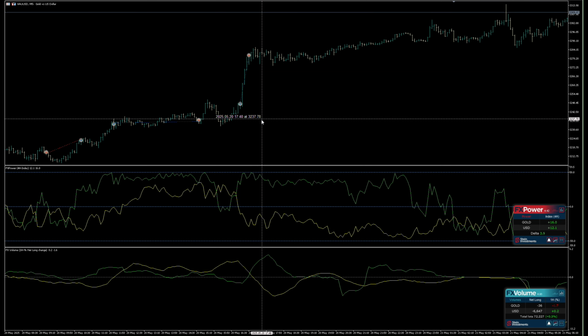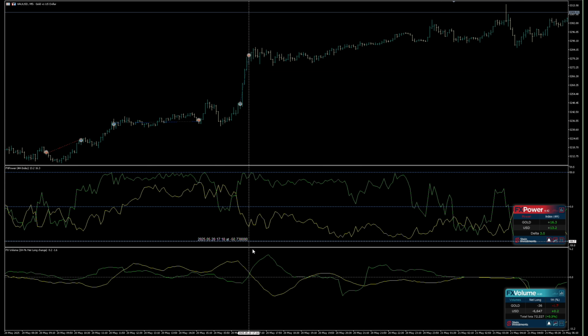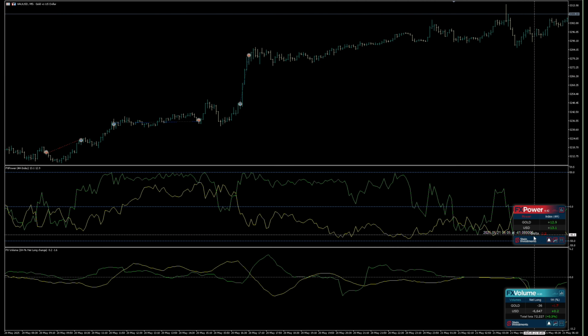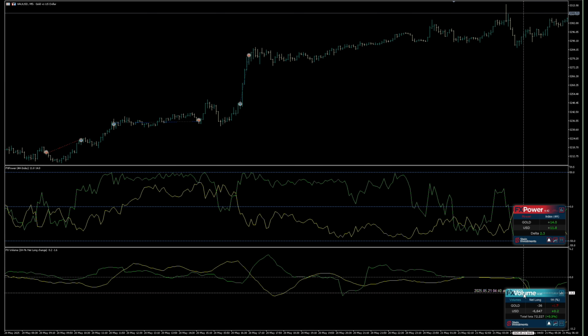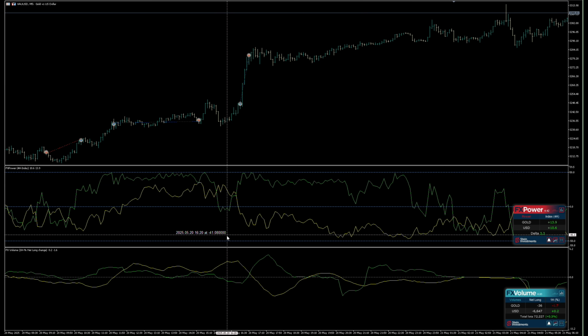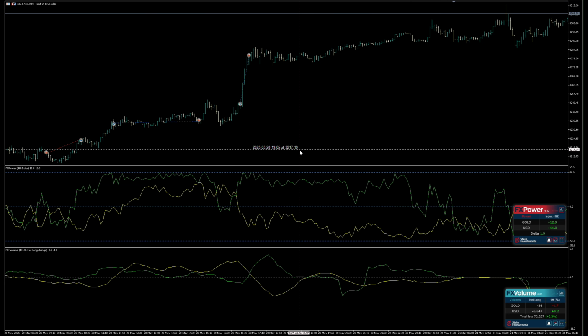So yes, it doesn't work always, but that's not our expectation. But it's a pretty simple pattern based on two excellent indicators. FX Power is the first one, which provides an immediate reaction to market changes, and FX Volume, which provides you a bigger picture and the retail trading sentiment based on live trading data.